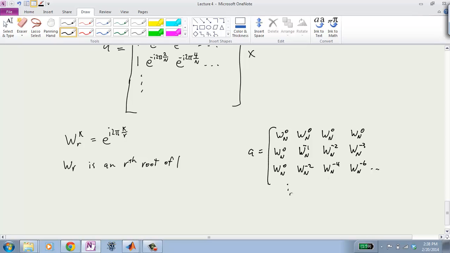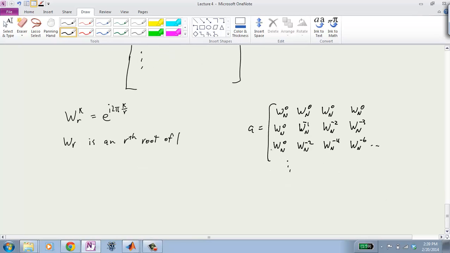Dot, dot, dot, dot. And that's how we fill it all up. Of course, the last row is going to be W_n to the n minus 1. Oh, no, sorry, 0 here still. W_n to the n minus 1.